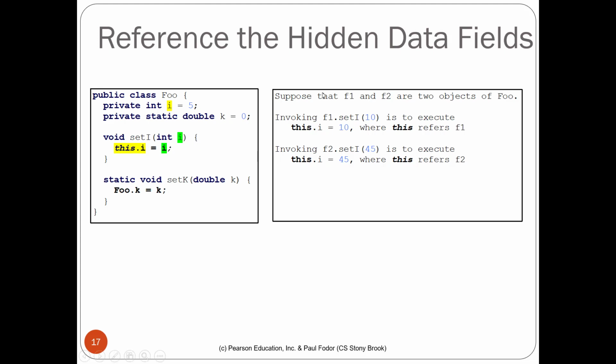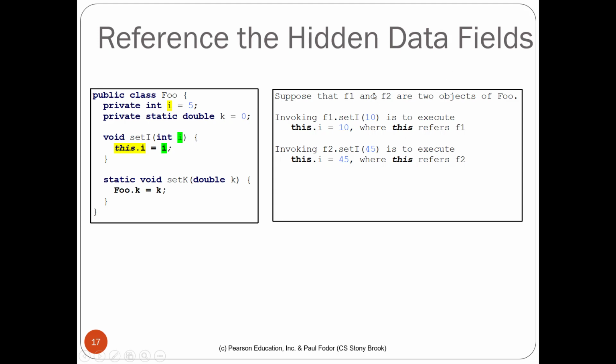Let's look at the information that we have in the right block. It says that suppose f1 and f2 are two objects of the foo class. When you say f1 dot set I is equal to 10, f1 is of type class foo, so probably you have done something like foo f1 is equal to new foo.